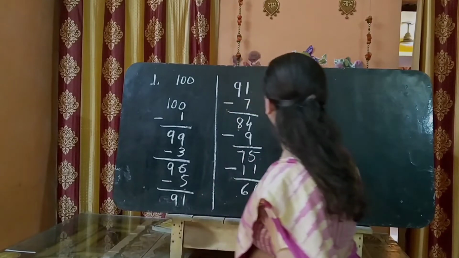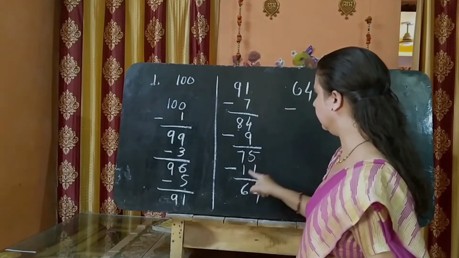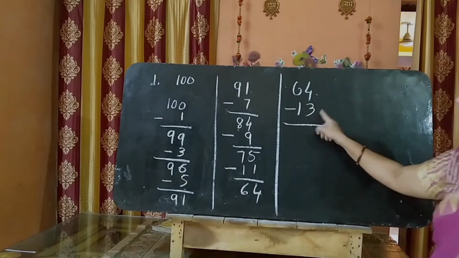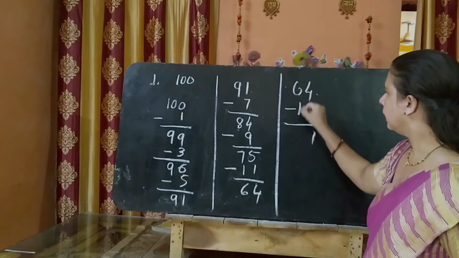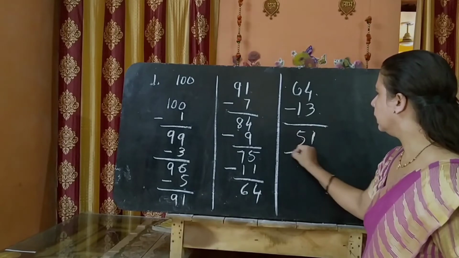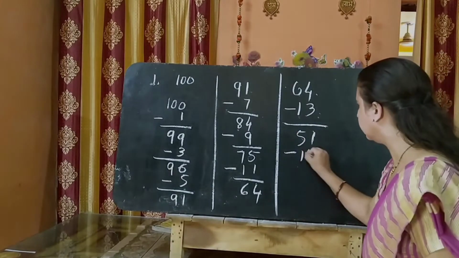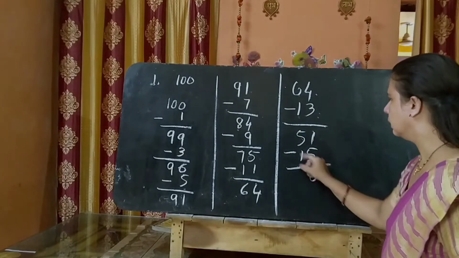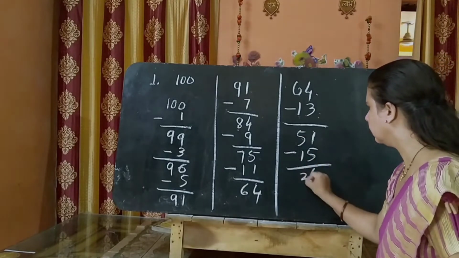75 minus 11, 64. Next odd number is 13. 64 minus 13, 51. Next odd number is 15. 51 minus 15, 36.